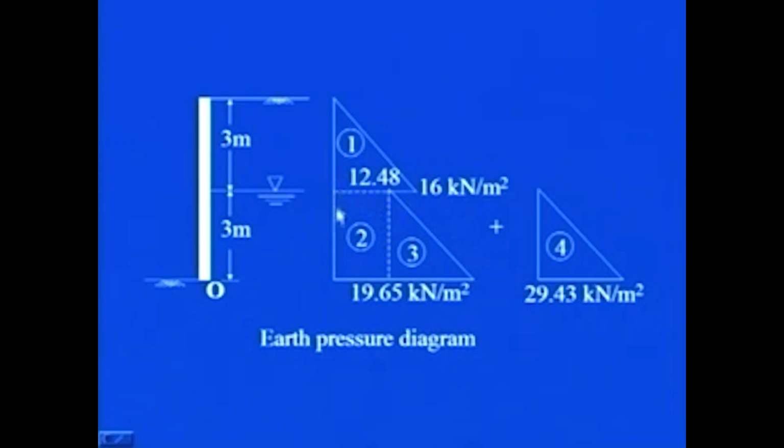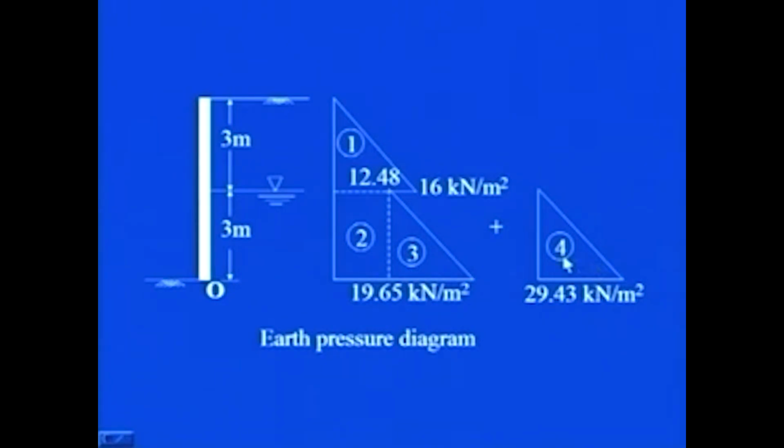Now the force due to this area will act at the center line, because it is a rectangle, so it will be acting at 1.5 meter above this one. Similarly for the third one it will be acting 1 meter from the bottom of the wall, in this case also 1 meter from the bottom of the wall.